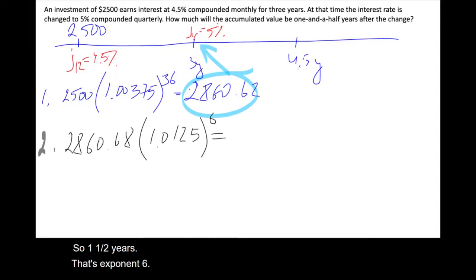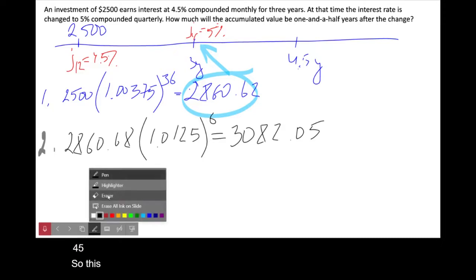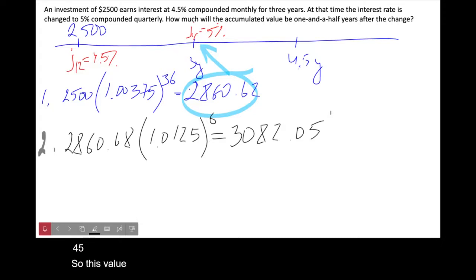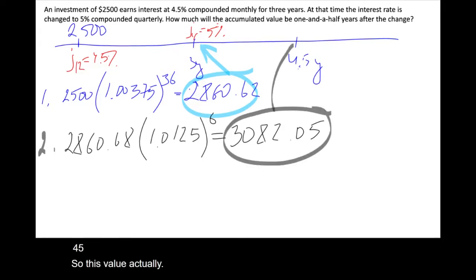Exponent 6 times 2,860.62 gives 3,082.05. So this value is right there. That is the answer.